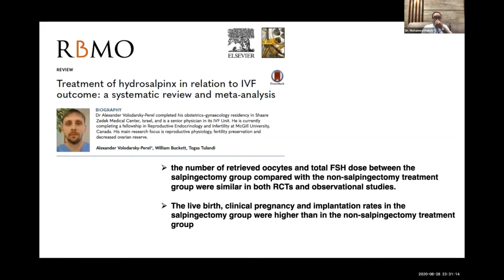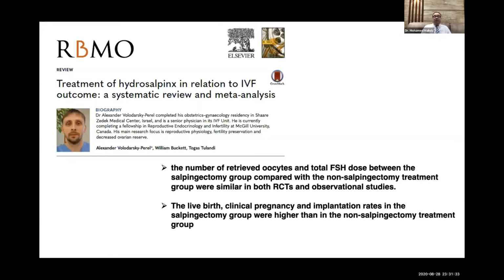This is a recent meta-analysis in 2019. It showed that the number of retrieved oocytes and total FSH dose were similar between the salpingectomy group and the non-salpingectomy group. So there is no harmful effect of salpingectomy on the outcome of ICSI.